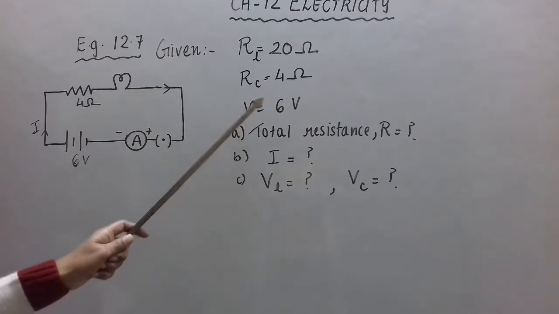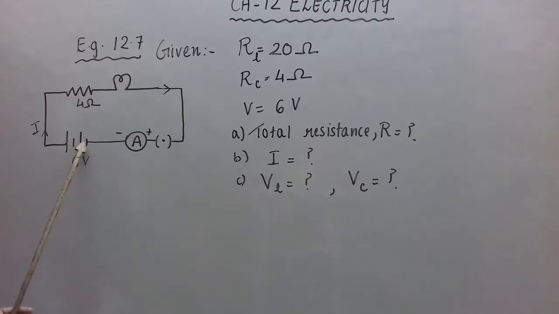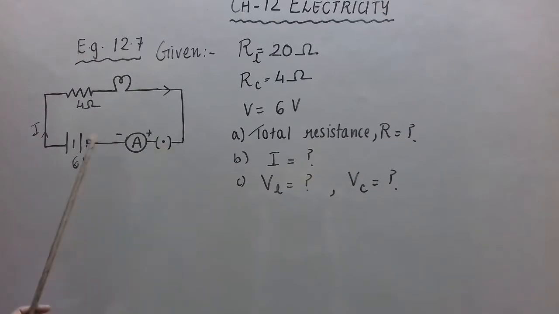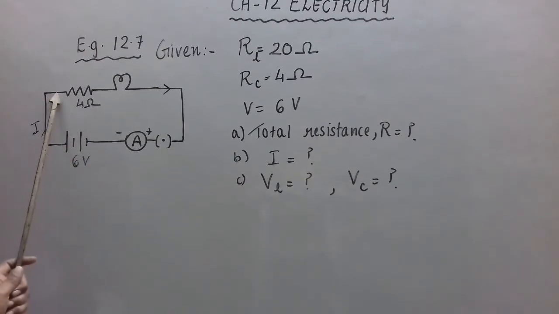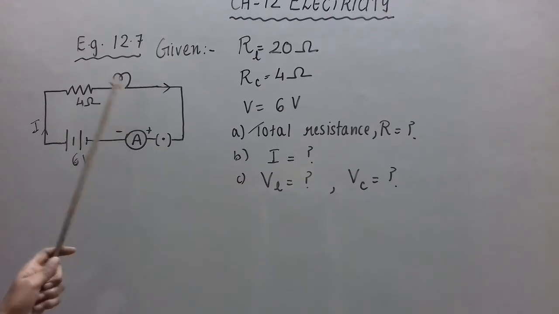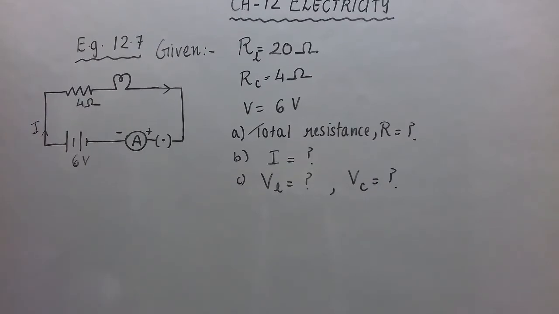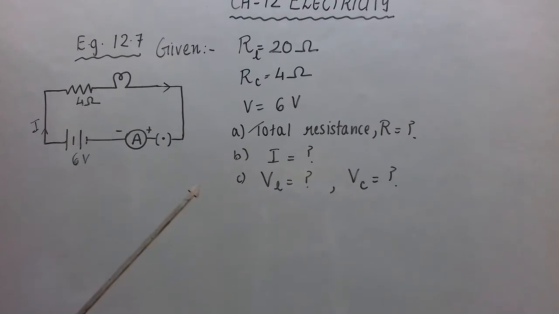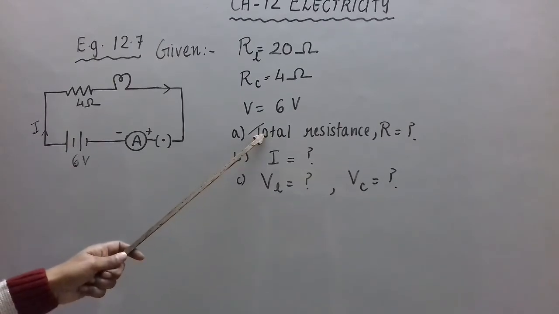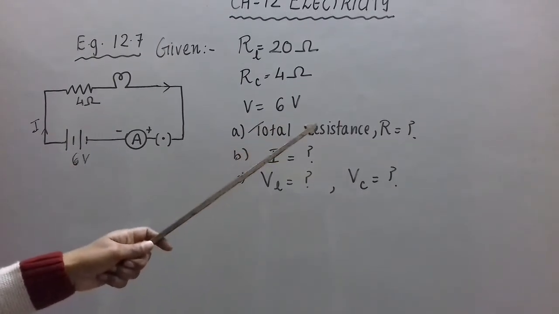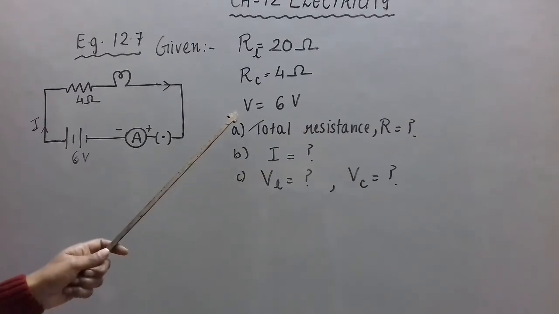What is V? What is 6 volts? It is a potential difference. We can have a look at the figure. It is a potential difference across this combination actually. You have to find three things. Calculate the total resistance of the circuit. So total resistance, let us represent it by capital R, that we have to find out.